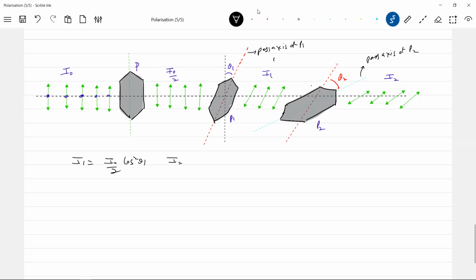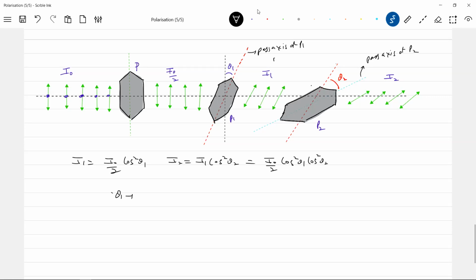What about I2? I2 should be equal to I1 by 2, or shall I write only I1? Only I1. I2 equals I1 cos square theta 2. Substitute the value of I1: I naught by 2 cos square theta 1. Able to understand?